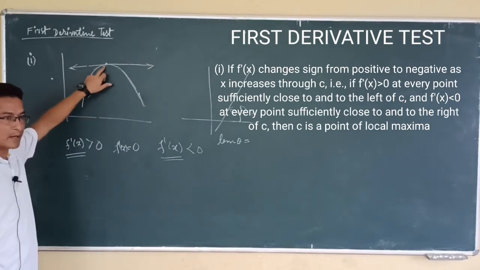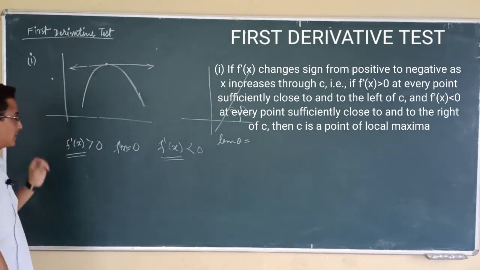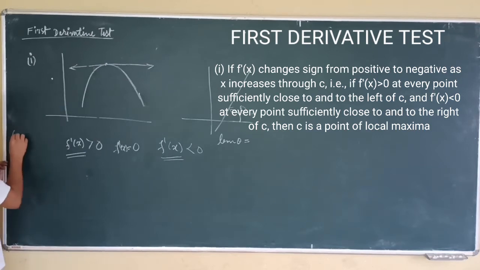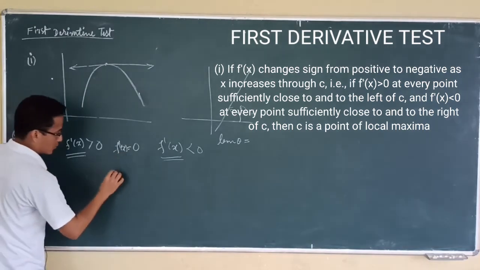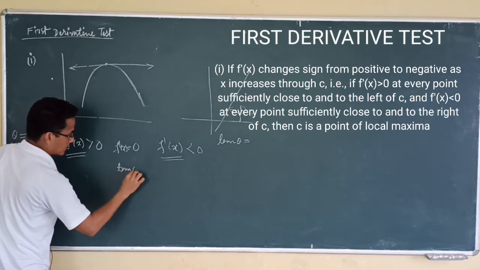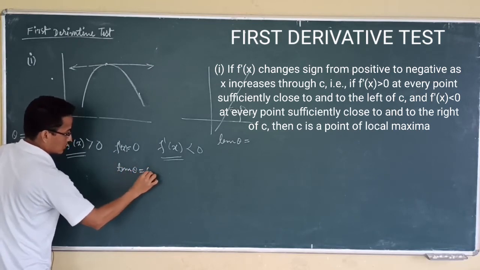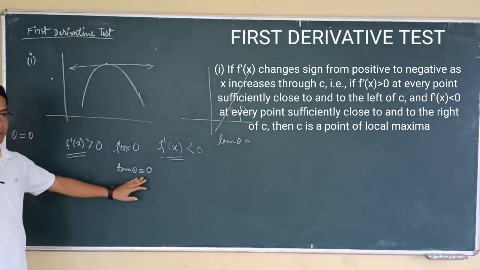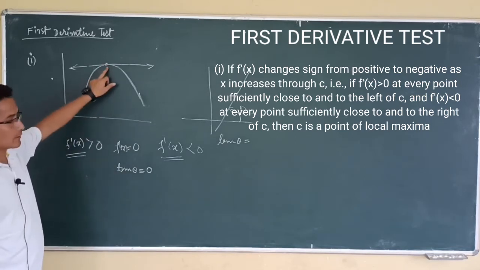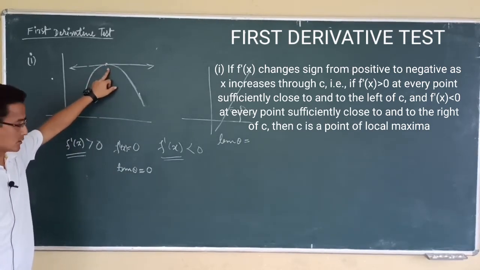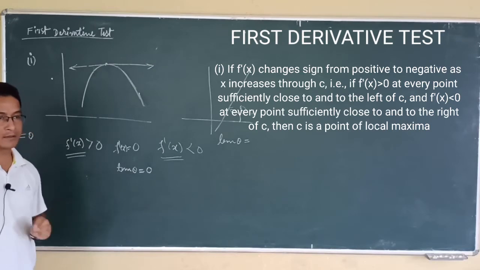When this line is parallel to the x-axis, the value of theta equals 0. So here the slope tan theta equals tan 0 degree equals 0. That means at the critical point, if you find the slope, you will get 0.